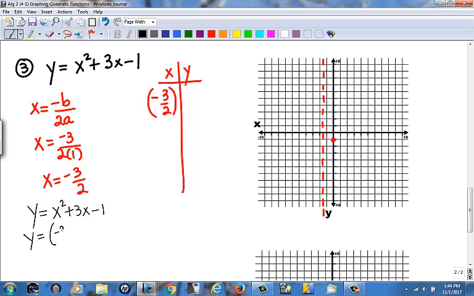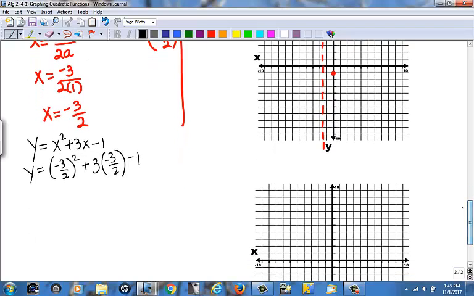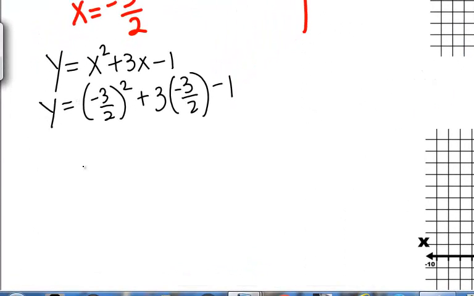So I'd have negative 3 halves squared plus 3 times negative 3 halves minus 1. When you square negative 3 halves, you get 9/4. You need to square the numerator and the denominator. Then multiply: 3 over 1 times negative 3 halves is negative 9 halves, minus 1, which is the same as 1 over 1.